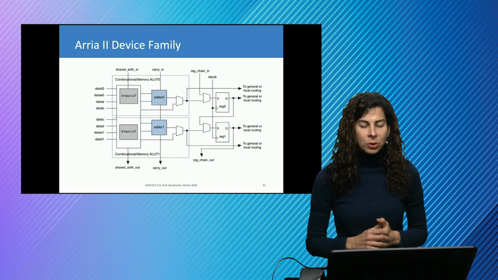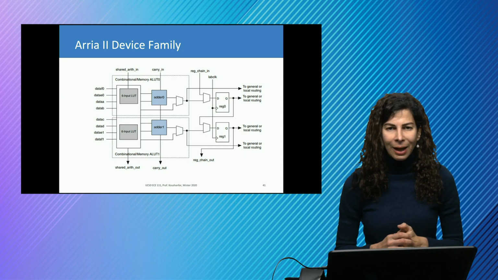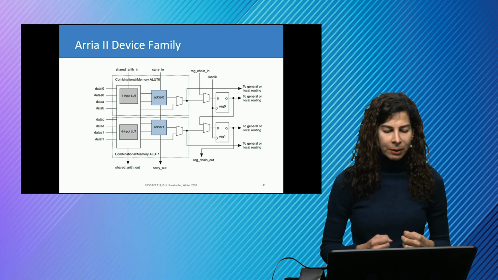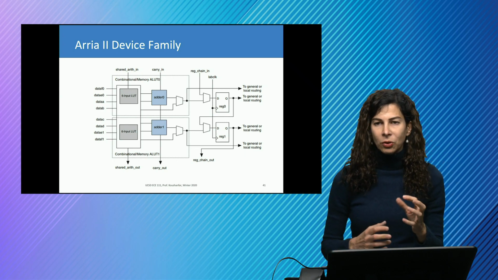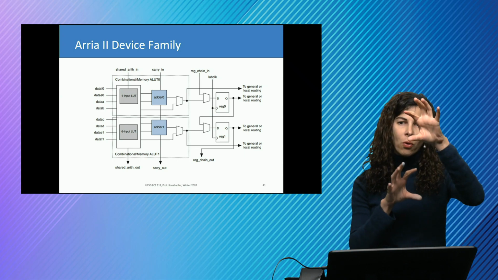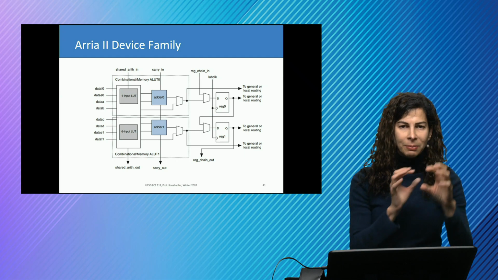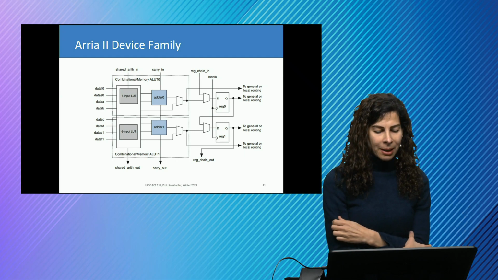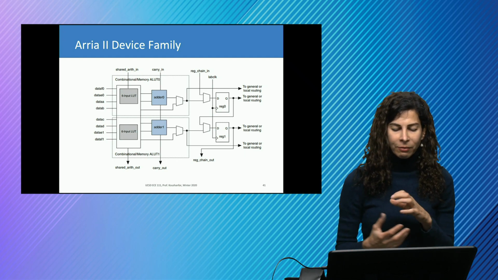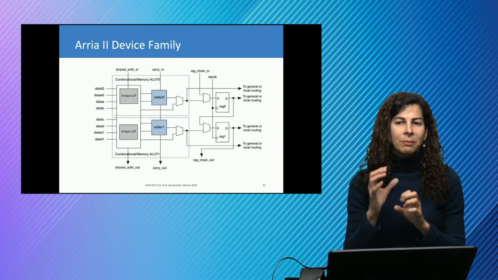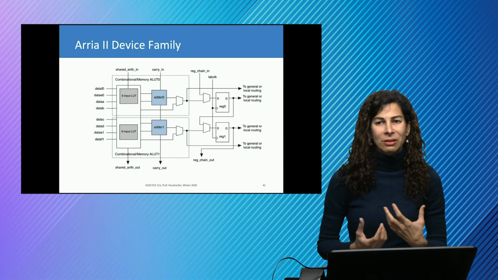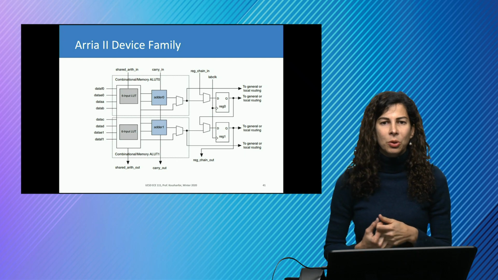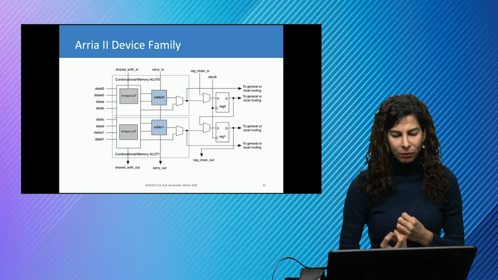The Arria 2 device family that we are using in this class has a similar structure, but it has 6-input LUTs. So instead of those 4-bit muxes, we have 6-bit muxes with 2-bit muxes each. But then we also have some adders, because addition is a function that is very commonly used, so that can accelerate things for us.